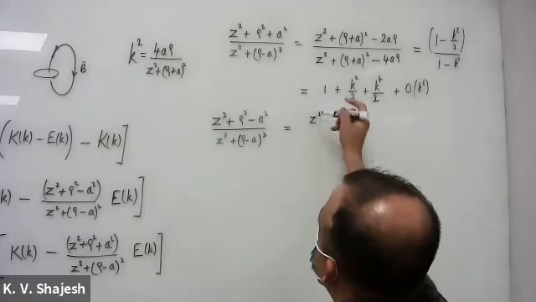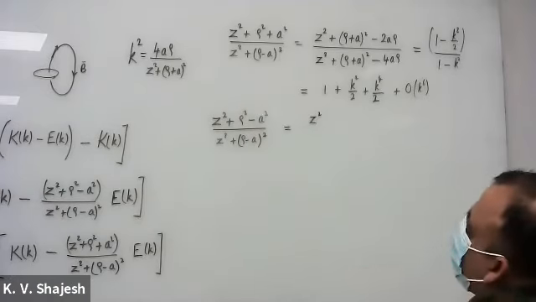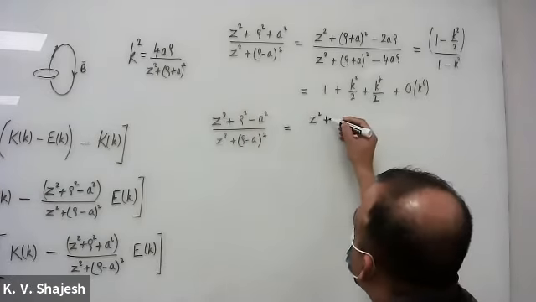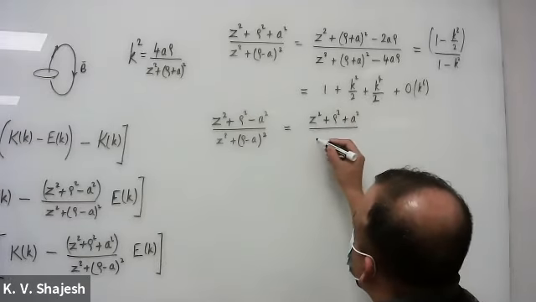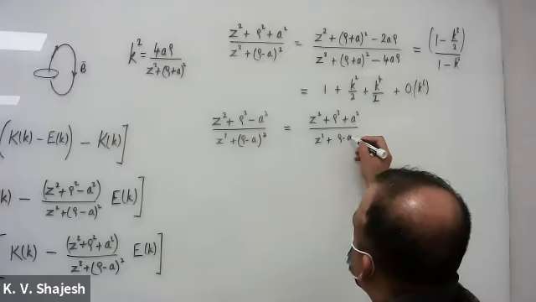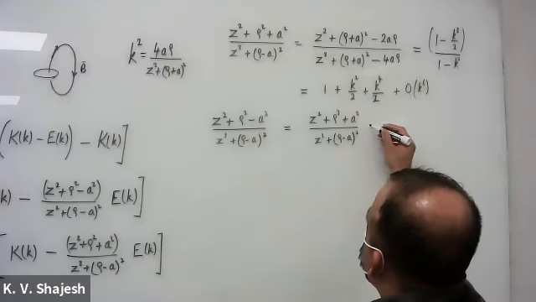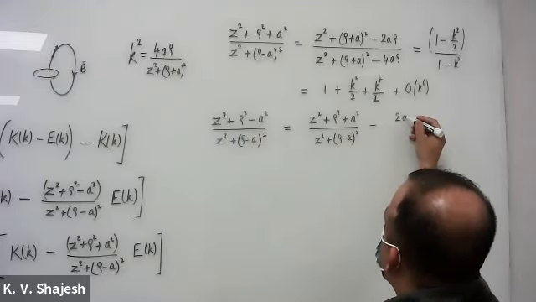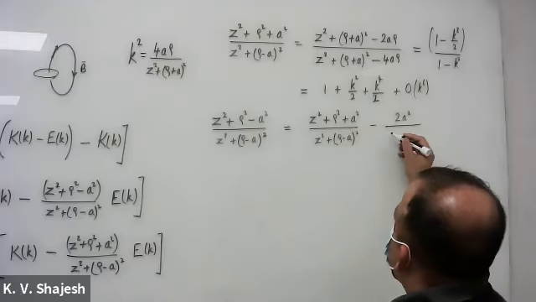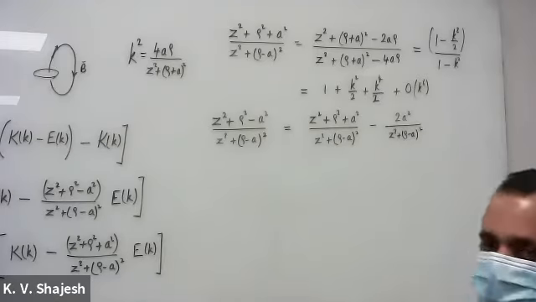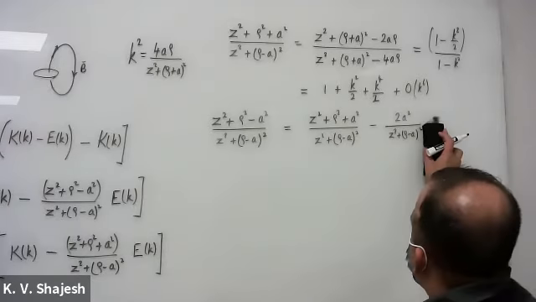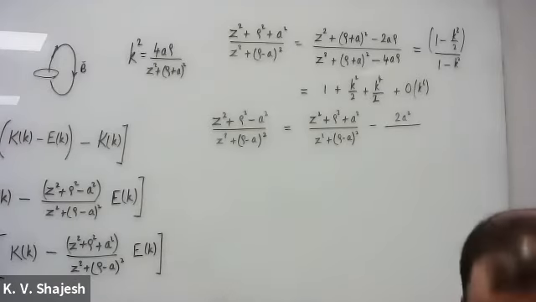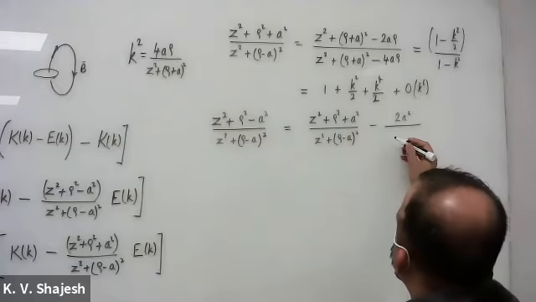So I'll do z². I already know the expression here. So I will do z² + ρ² + a² divided by, minus 2a² divided by (z² + (ρ − a)²). But change the denominator there to whatever we did earlier.